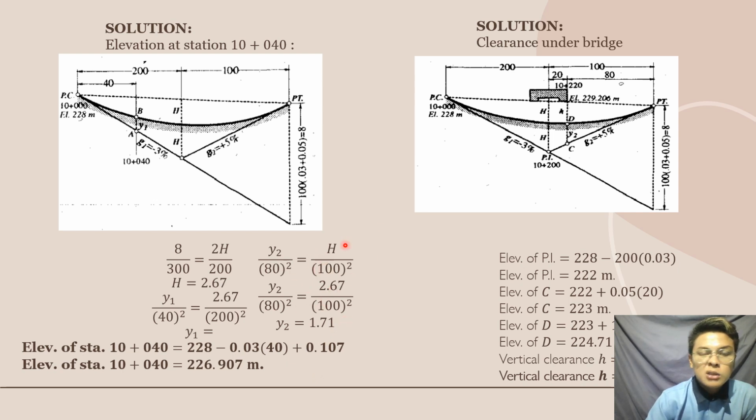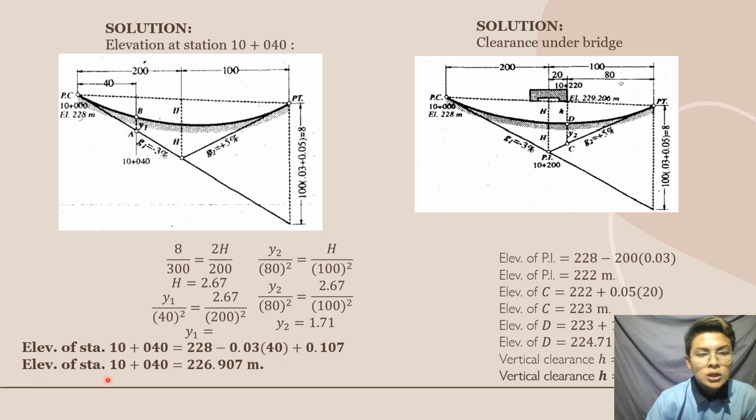Substituting all the given values to get our elevation at station 10 plus 040, we will add or subtract: 228 minus 0.03, our G1, times 40 plus 0.107, our Y1. This is Y1, sorry.